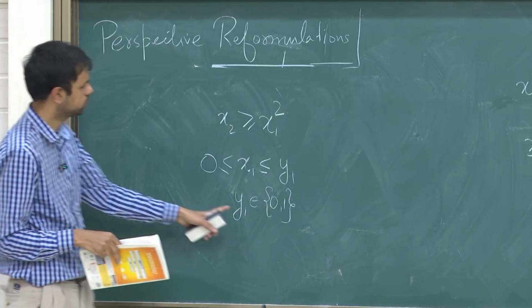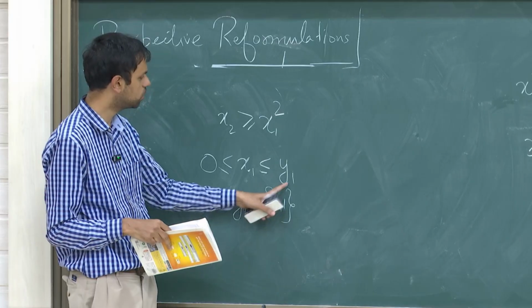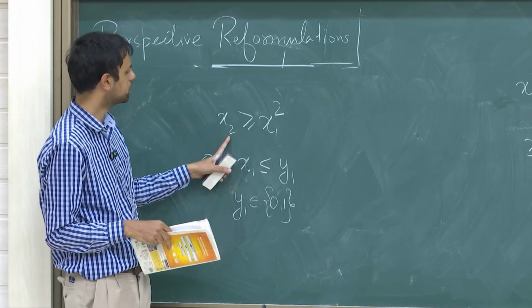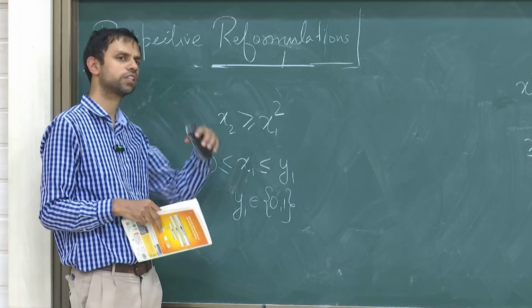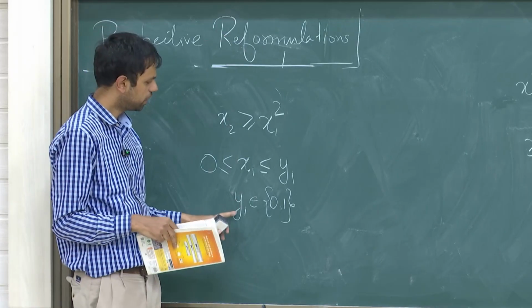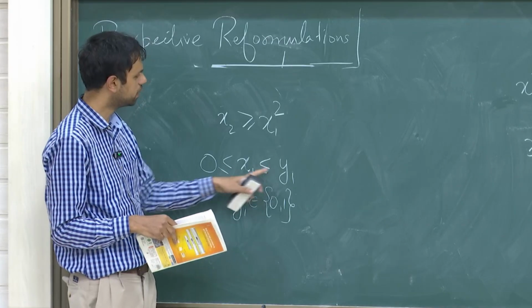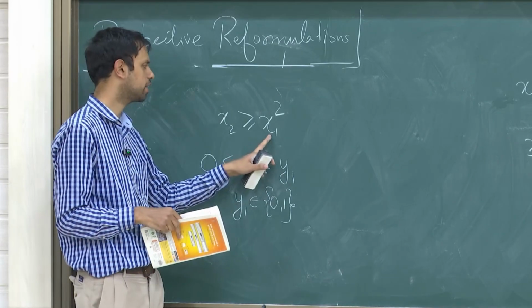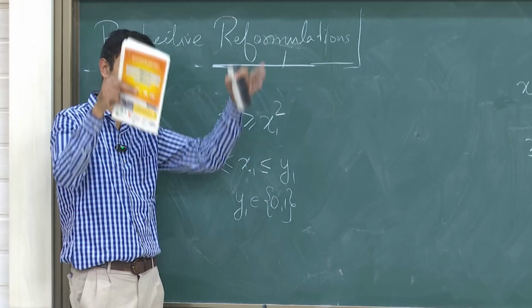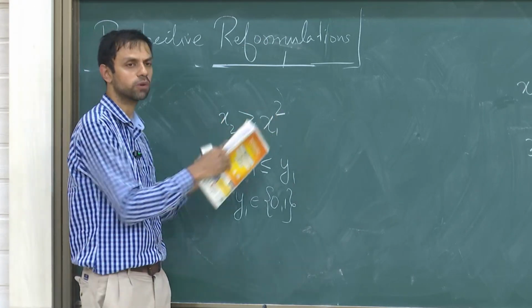So when y1 is 0, x1 becomes 0, and x2 is allowed to take any value more than 0. And when y1 is 1, then x1 can take any value between 0 and 1, and I have a parabola between 0 and 1.